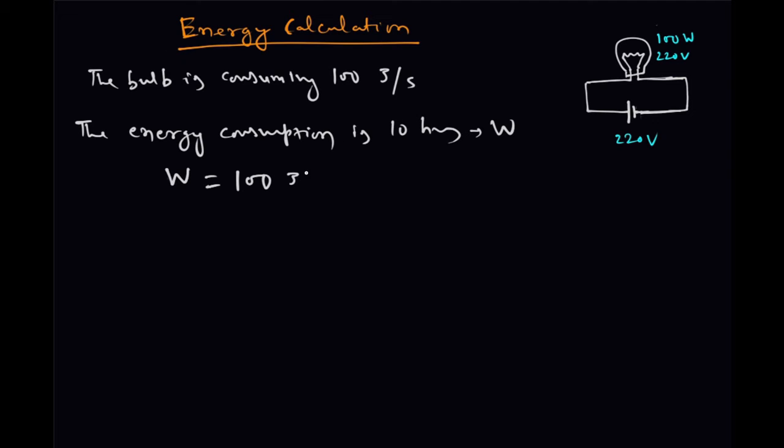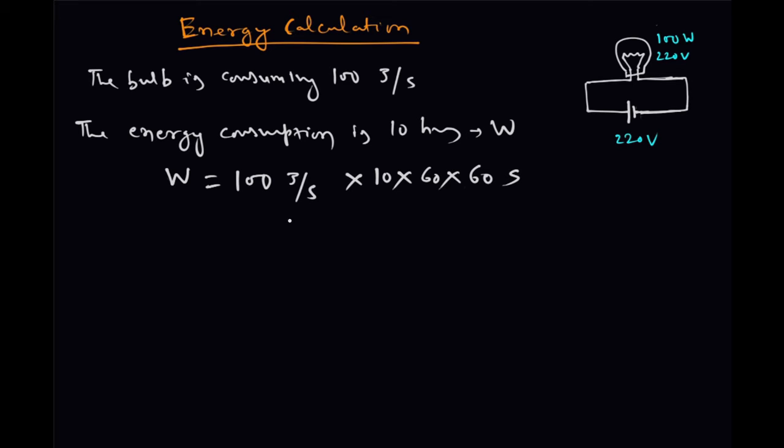So 100 joules per second will be multiplied with 10 hours. That means it will be converted to seconds. So 10 hours converted to seconds will be multiplied with 60 and again 60. This will be in minutes and again multiplied with 60 will be in seconds.